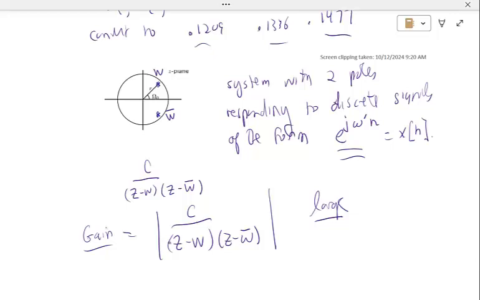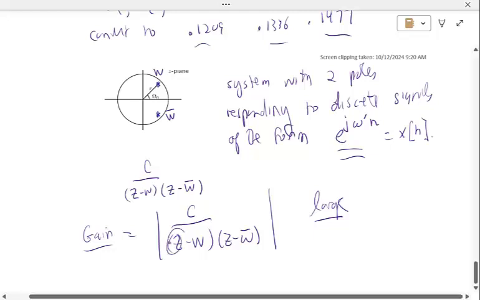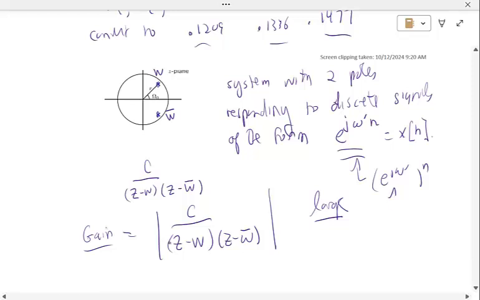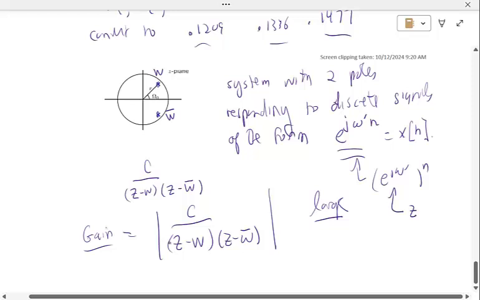So the question remains, what do you put in for z? Well, z is simply this. This here is going to be e to the j omega prime to the n. So this is the z that you put in.